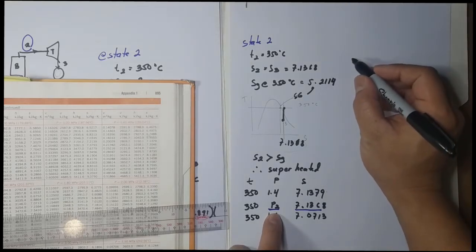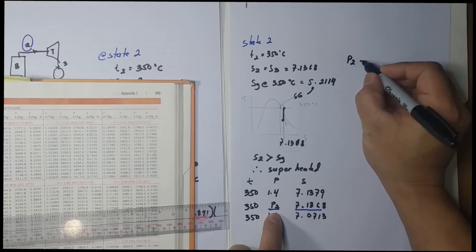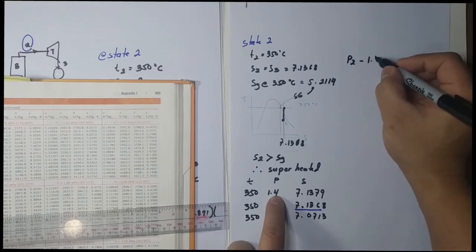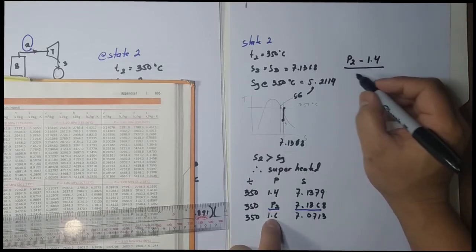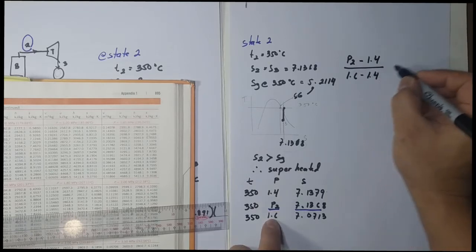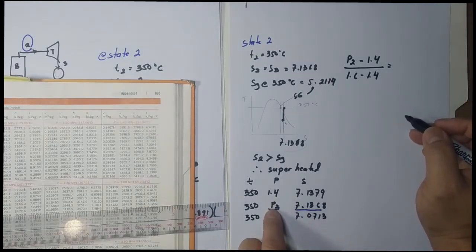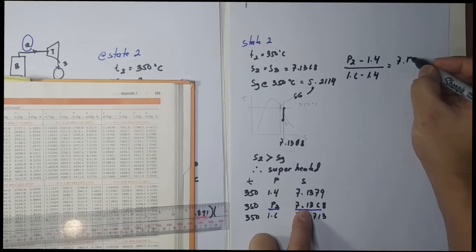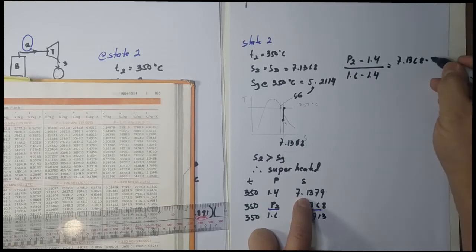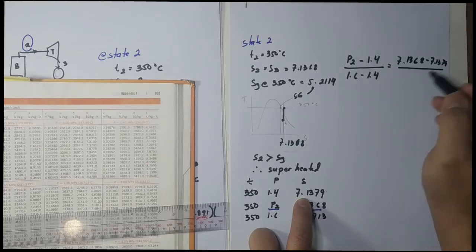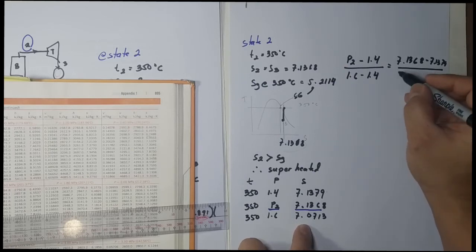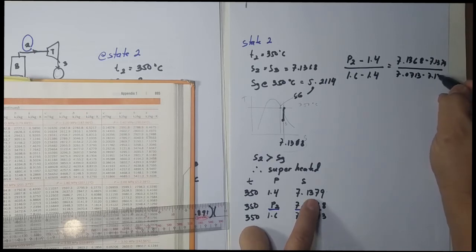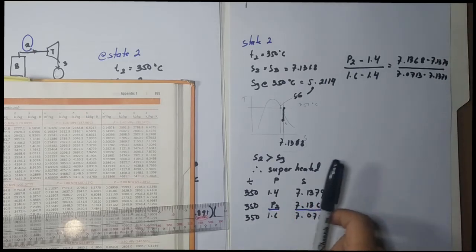Sabihin ko ito ay P2 minus yung pressure na maliit, 1.4, divided by yung malaki, 1.6 minus 1.4, equals yung S2, 7.1368 minus 7.1379, divided by 7.0713 minus 7.1379. So, pwede mo nang gamitin yung calculator mo.